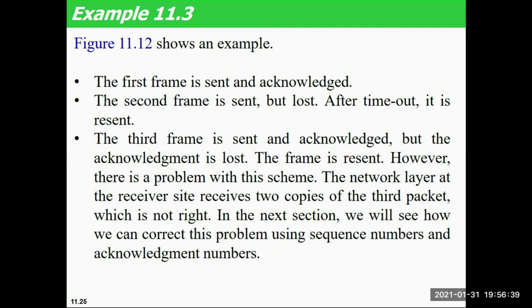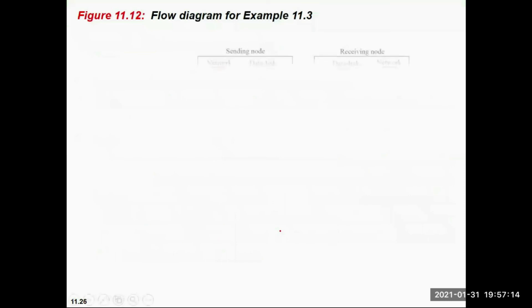Okay, but due to this acknowledgement loss, the receiver has already received the previous frame, but the sender doesn't know whether the receiver received it or not, and the sender resends that frame. So this is one problem, where the receiver is receiving multiple copies of the same proper frame. Okay, so we will see how we can remove this problem.